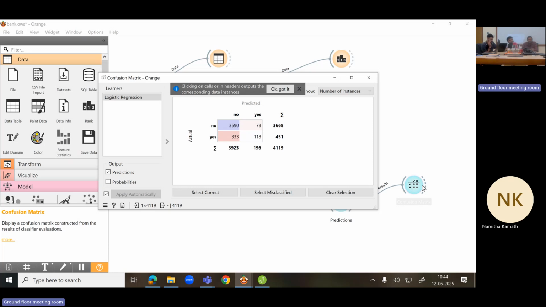Besides that, you need to understand the cost involved, the cost of misclassification.